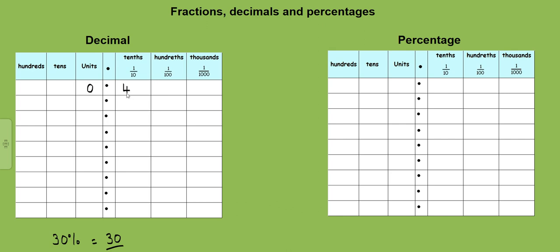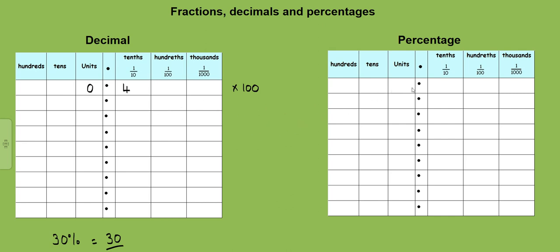So if we want to change it back to a percentage, we've got to do the opposite. In other words, we're going to be multiplying by 100 to change it into a percentage, and that means a shift 2 places to the left as we're looking at it.